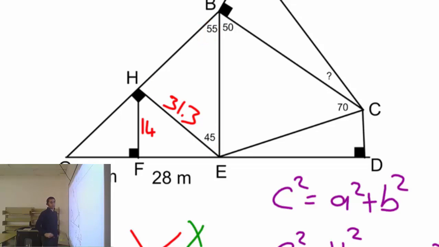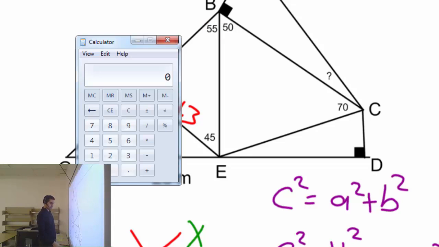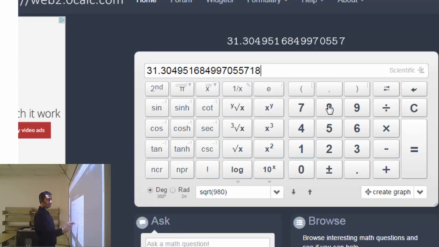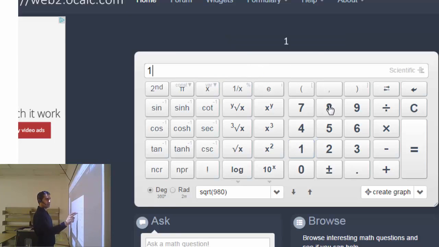Let me prove it to you. 55 and 45. 180 minus 55 minus 45 gives me 80. Oh my gosh.